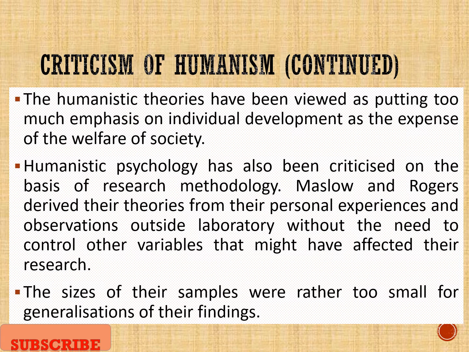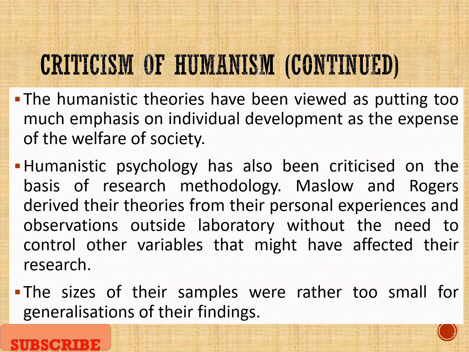Maslow and Rogers derived their theories from their own personal experiences and observations outside the confines of laboratories, and without the need to control other variables that might have affected their research. The sizes of their samples were also too small for them to clearly generalize their findings.